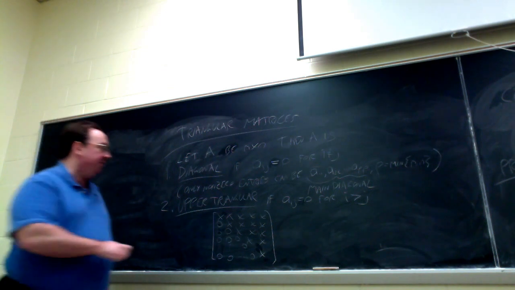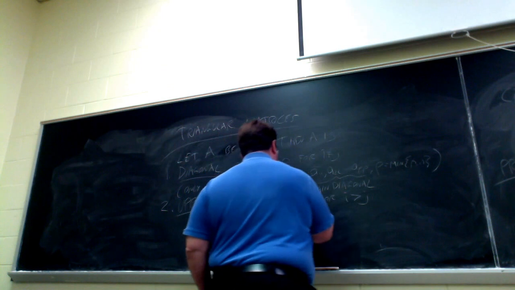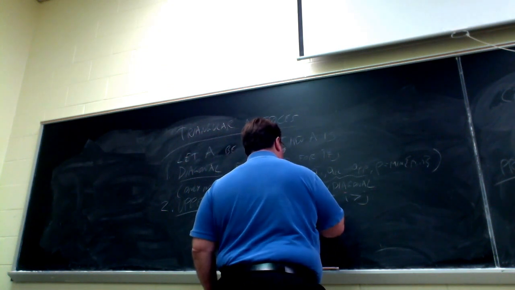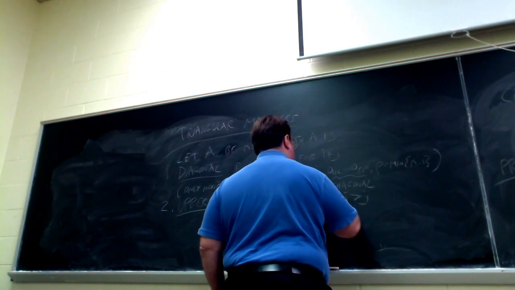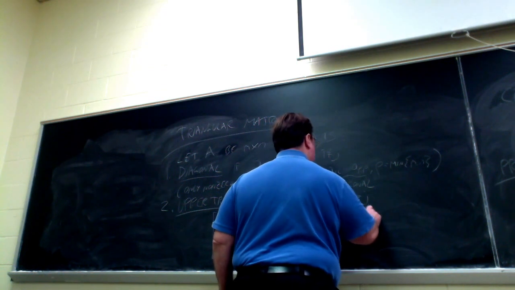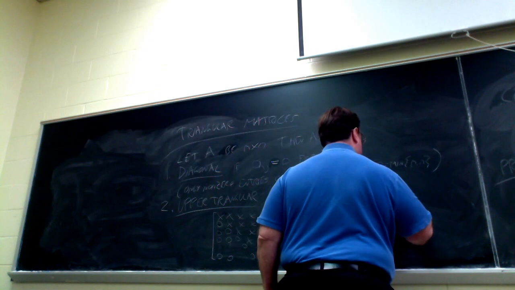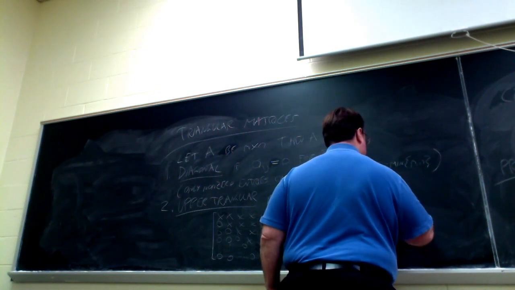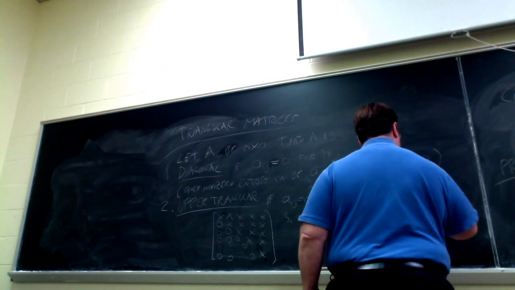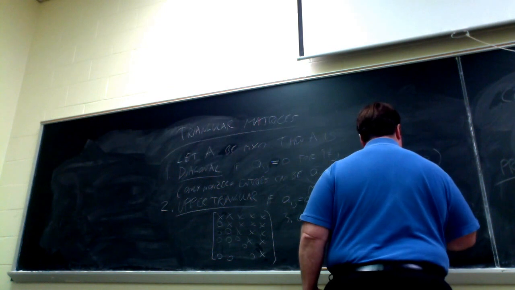Okay, and then similarly, we can go the other way. That is lower triangular. Take A_ij equals 0 for i strictly less than j.